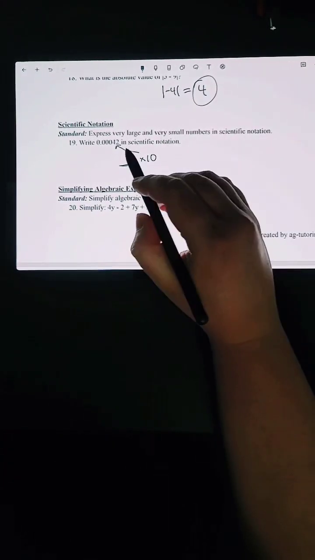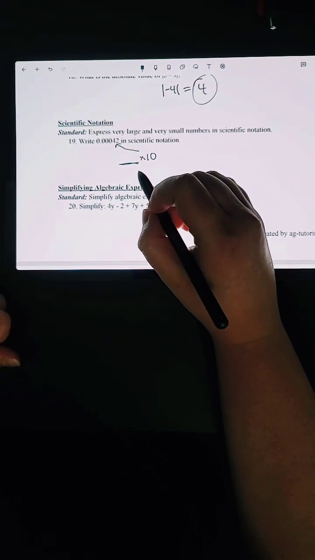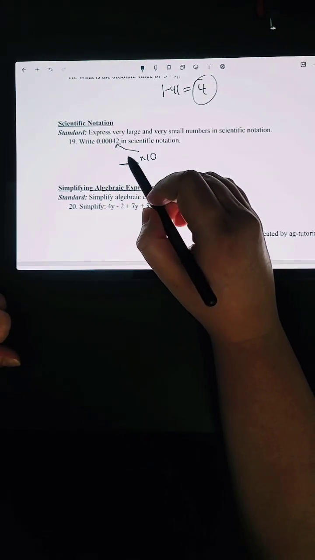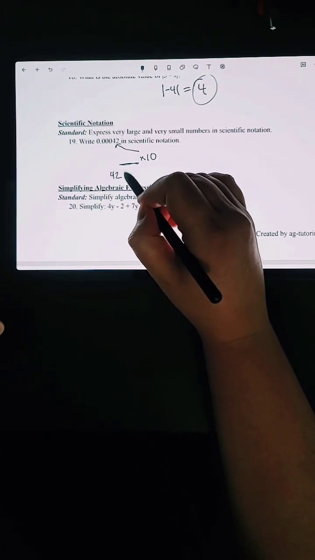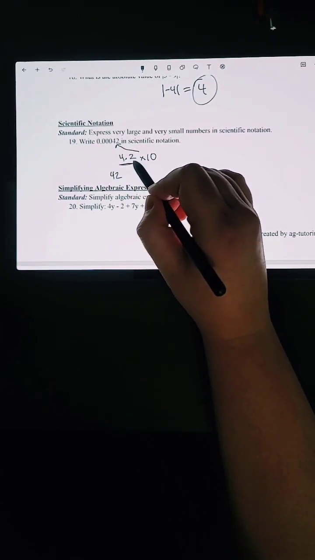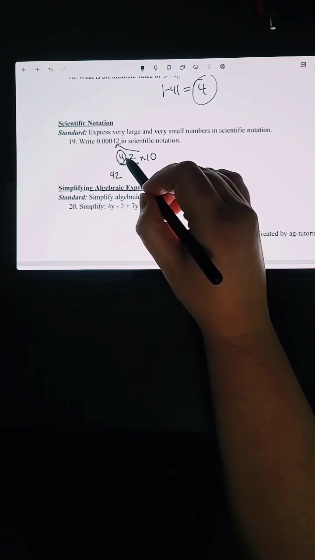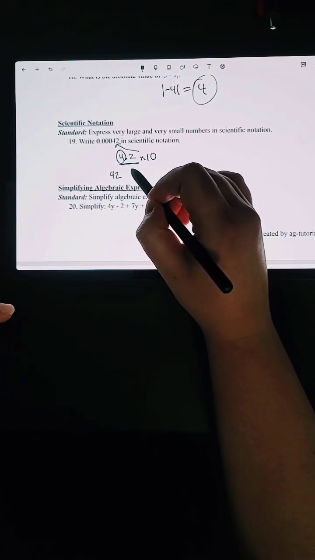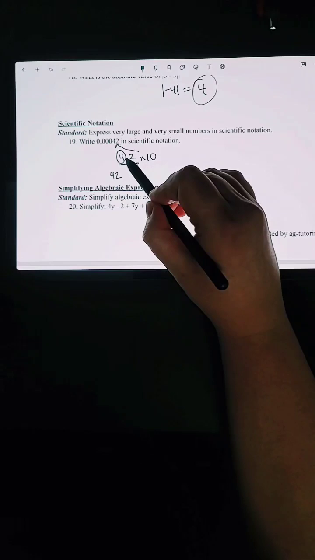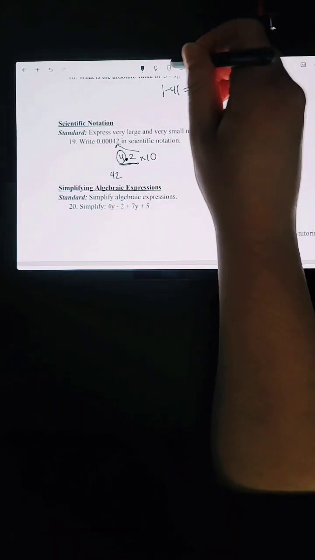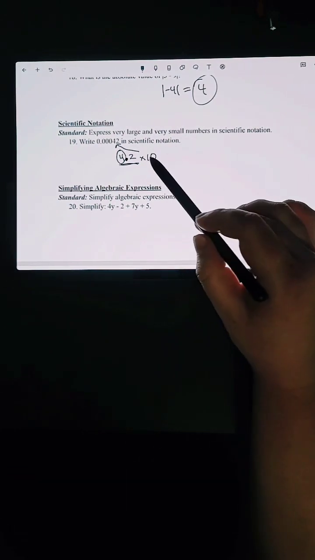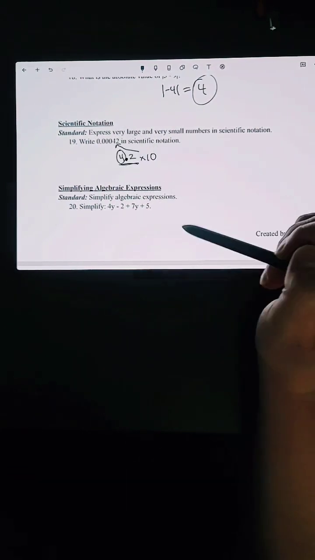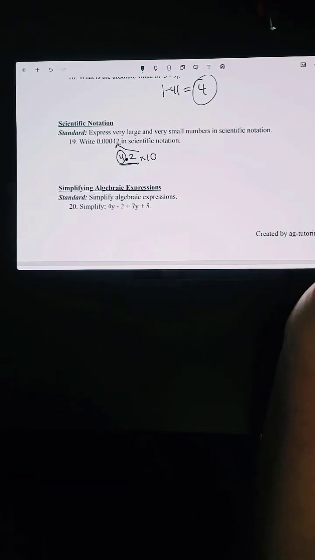Like you can't have 42. You have to have 4.2. The number right here has to be a digit between 1 and 9, is basically the rule. So I have to put a decimal there to be 4.2. So I know that that's how I have to start my scientific notation. 4.2 times 10 to some power gets me back to this really small decimal.